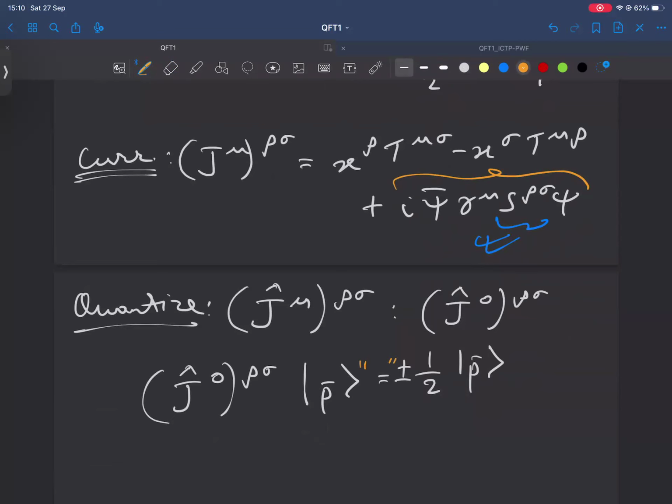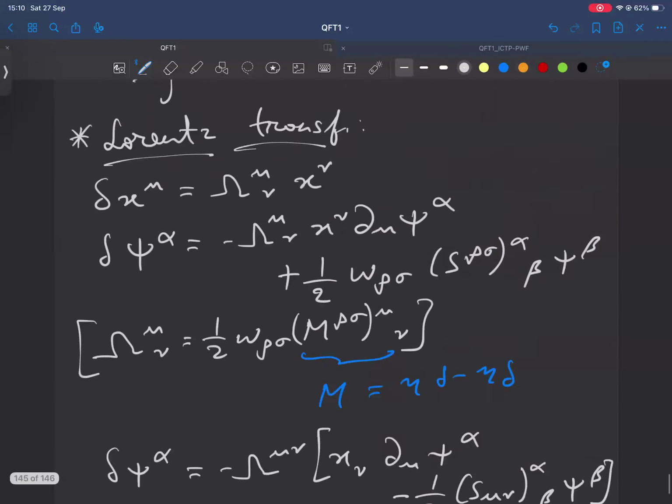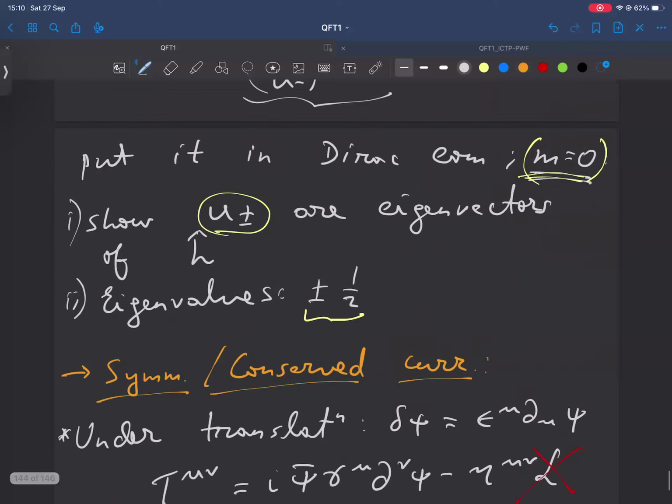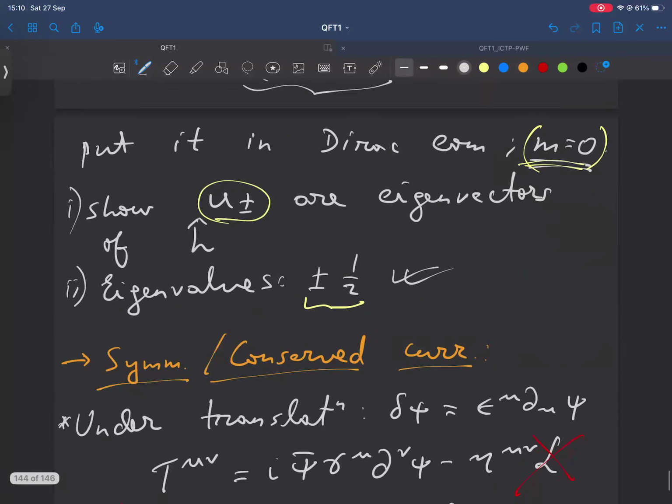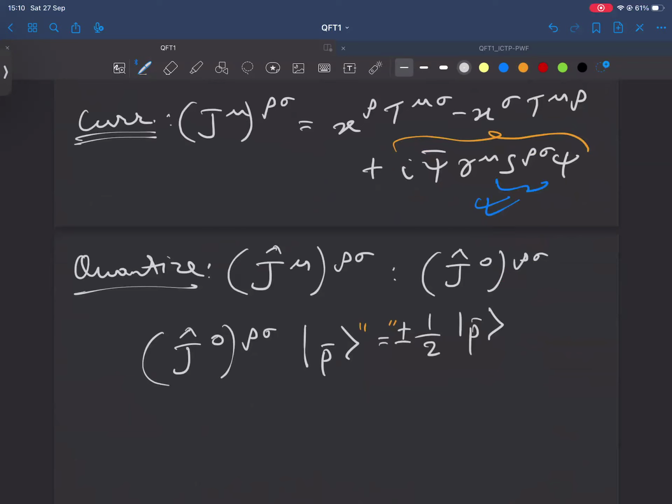So that will confirm to you that these spinor fields we are constructing have excitations giving half as the spin. We already saw this briefly for the massless case when you compute these eigenvalues, but now for massive or in general, you can see that they will give half, which was 0 for the scalar case.